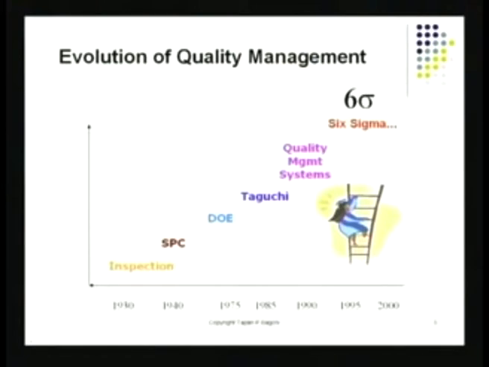Or there were many pieces of art that were produced one of a kind. There, of course, quality assurance was done by inspection. Basically, it was either the craftsman himself who did the inspection, or the receiver, the gentleman who was actually paying for this artifact, who would be doing the inspection. And inspection turned out to be the only means to control quality at that stage.